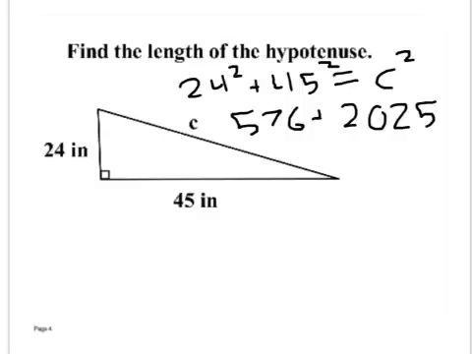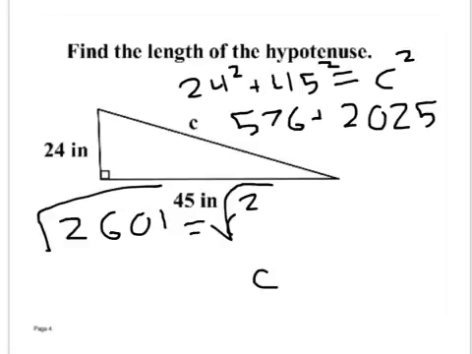If you add those, that gives you 2601 equals c squared. So now we take the square root of 2601. It cancels that, leaves you just with c. The square root of 2601 is 51 inches.